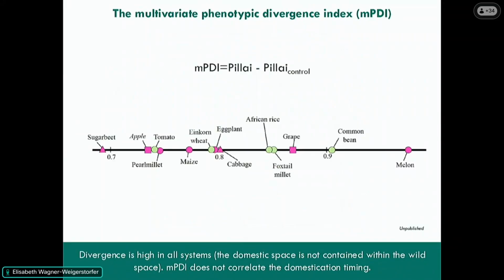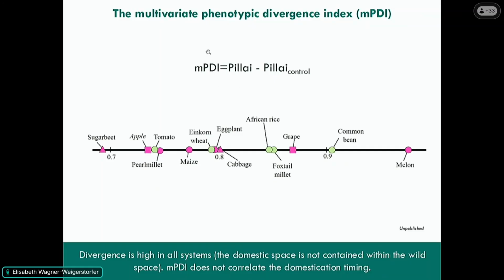And how we did that is we computed what is called the Pillai trace for this control trait. So the Pillai trace is based on a MANOVA, run on a multivariate analysis, and it basically tells you something about the phenotypic divergence. We did this for the control trait, which we call Pillai control, and we also computed the Pillai trace on all other traits.